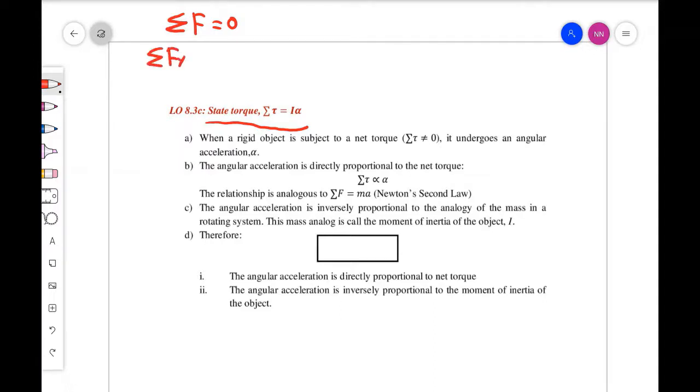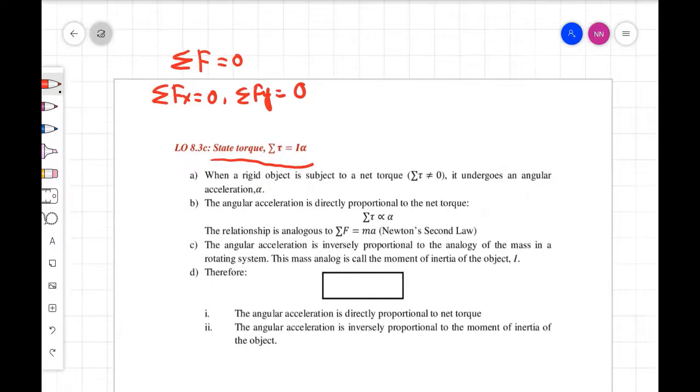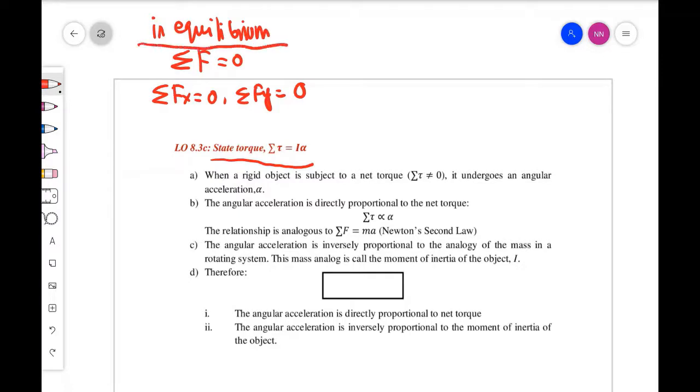Net force X equals 0 dan net force Y equals 0. Bila objek accelerate with constant acceleration a, masa ni net force equals ma.